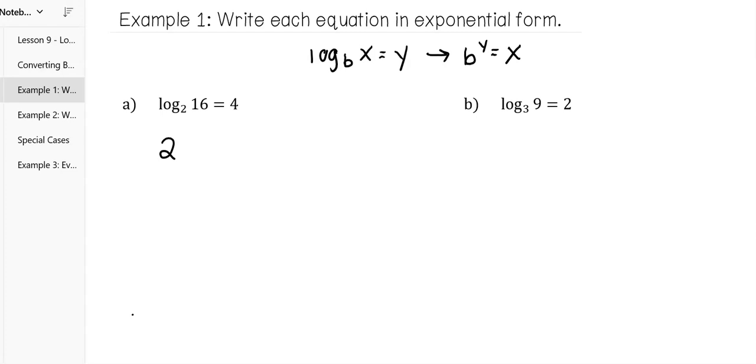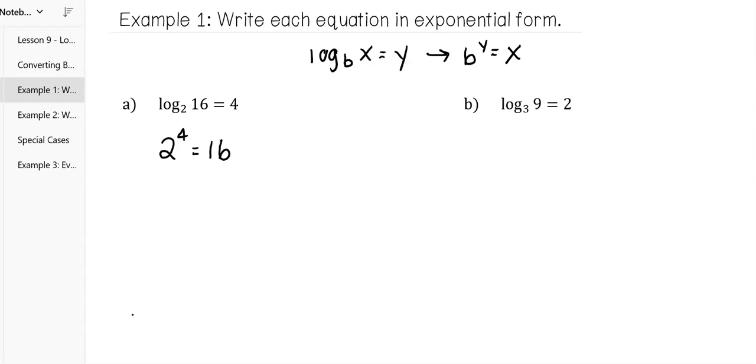Now that's being raised to my y, so after the equal sign here I've got a 4, so it's going to be raised to the 4th power. And then equals x, so log base 2 of 16. 16 is my x, so we're going to set that equal to 16. And it should work, right? We're familiar with exponential equations, so what is 2 to the 4th? Well, 2 to the 4th is 16.